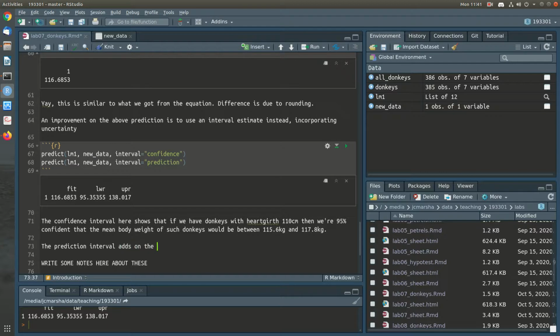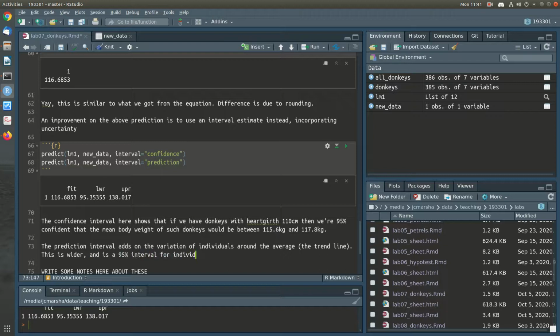Adds on the variation of individuals around the line, right? Around the average. This is wider and is a 95% interval for individuals.